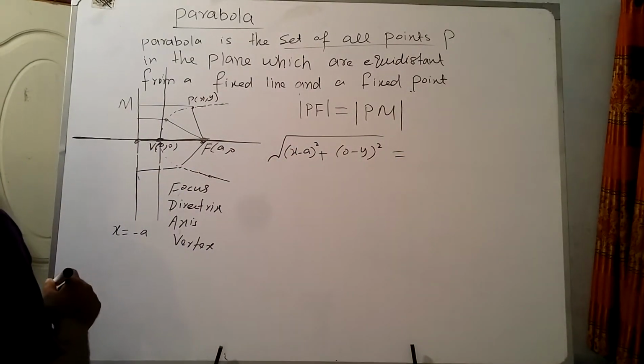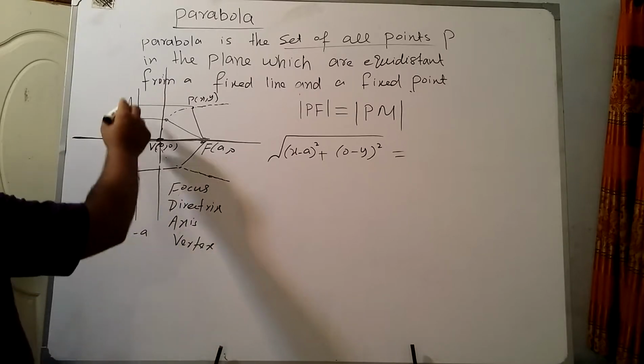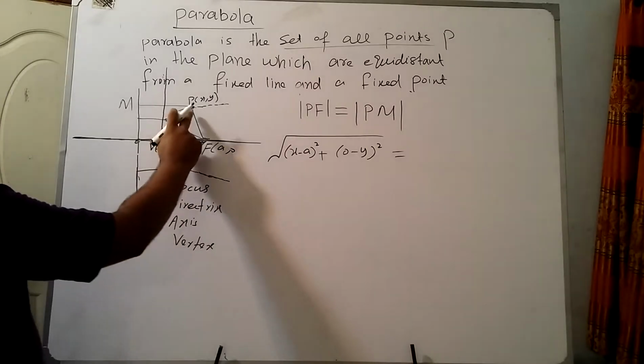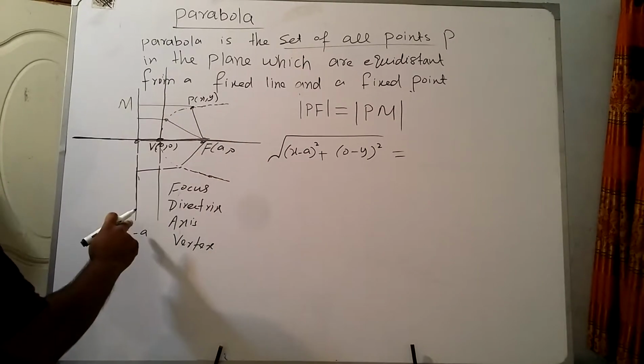What is PM? The formula is different because we want the distance from point to line.